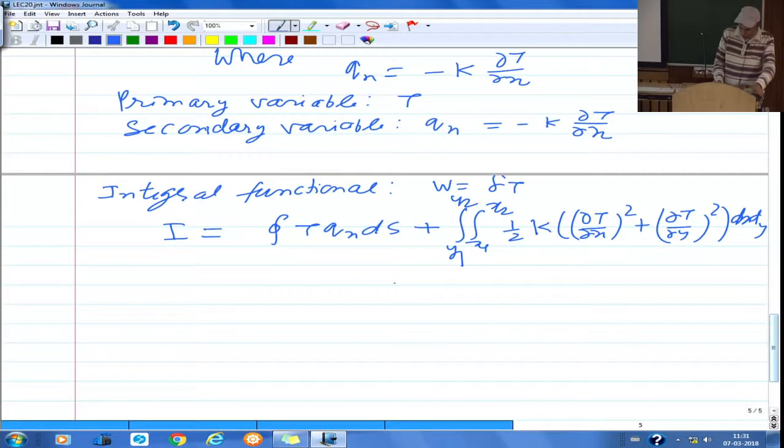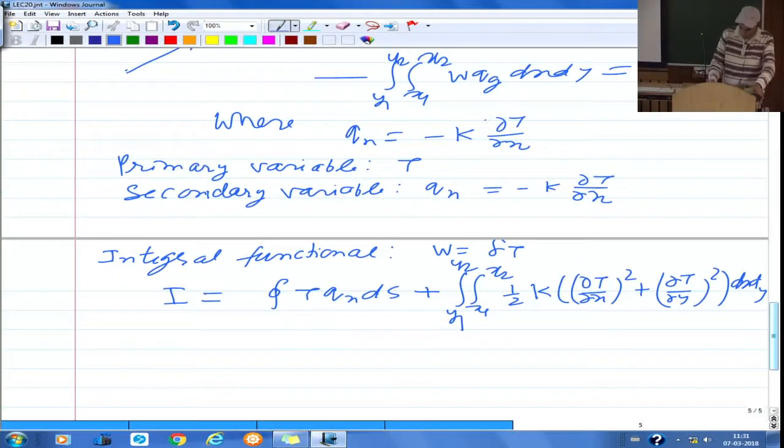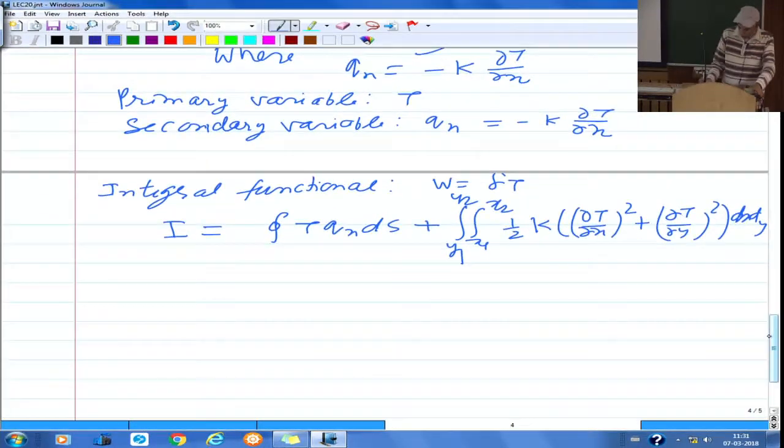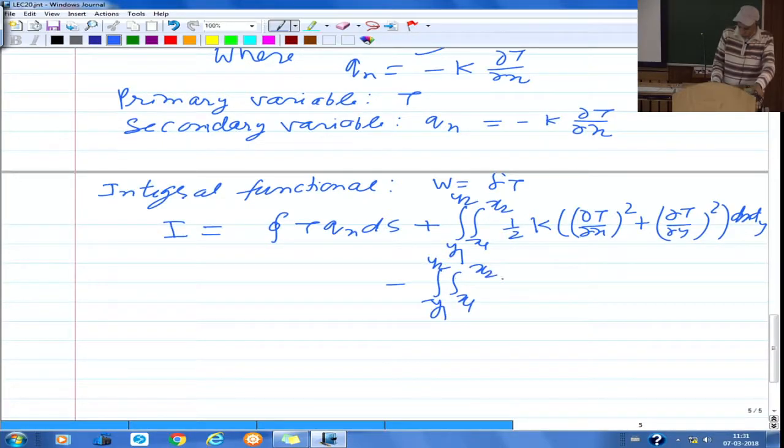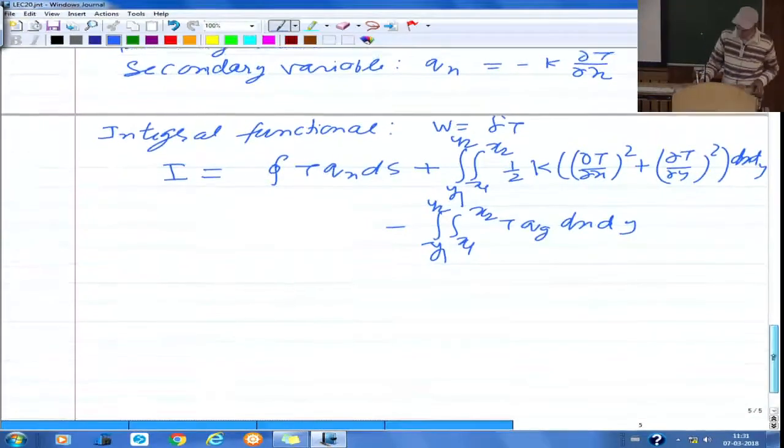And then the last term is this particular term, which will be minus, again integration y1 to y2, x1 to x2, of T into qg dx dy. So your integral functional is going to be this, corresponding to this problem. Of course, this integration is over the entire domain of the problem.